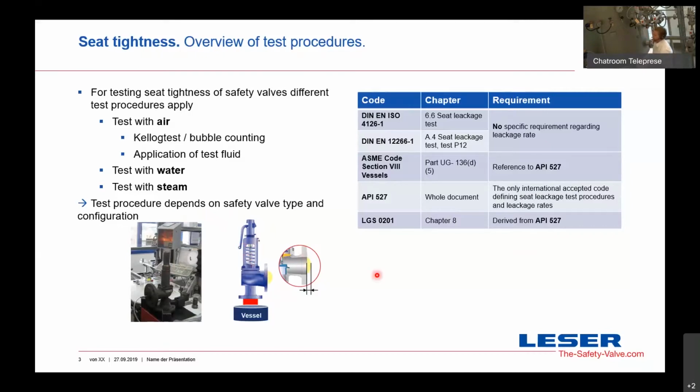On the right side, you see again the list of the codes and standards. In DIN and ISO, there are no specific requirements regarding the leakage rate. The ASME code Section 8 makes references to API 527, and API 527 is the internationally accepted standard for the seat leakage.